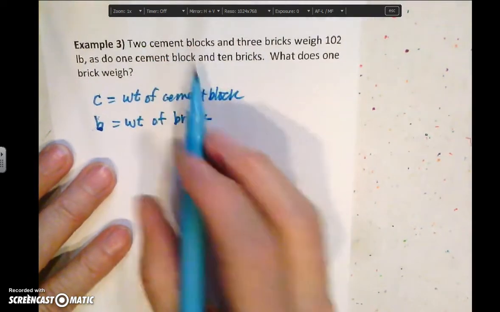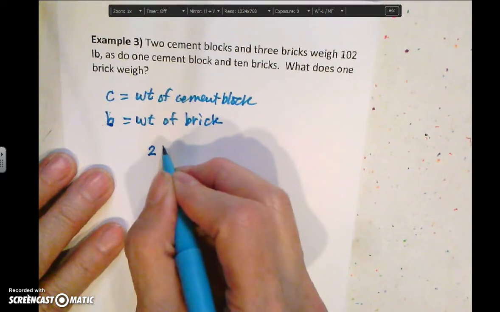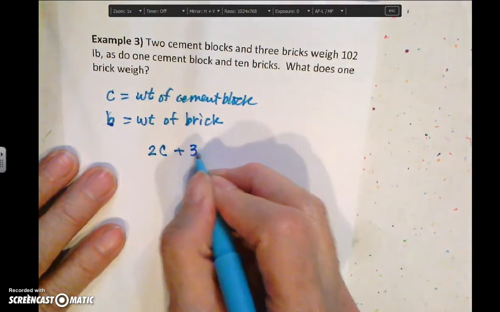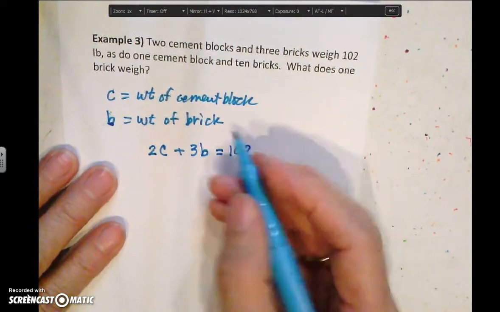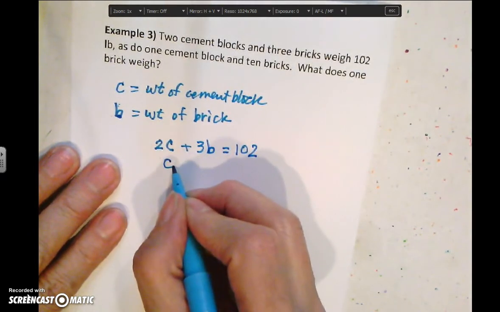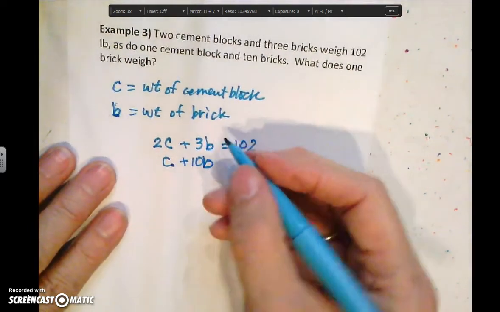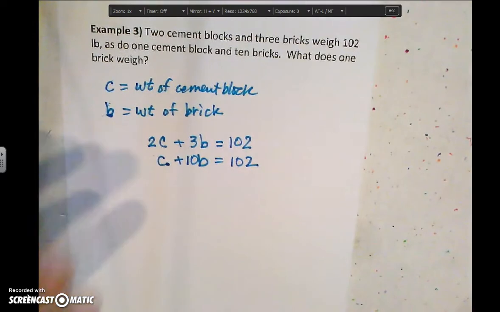So when we write this, we've got 2 cement blocks, so 2 times C, that tells me how much 2 of those weigh, plus 3 bricks, so 3 B's, is equal to 102 pounds. And then we can do 1 cement block, so 1 C, and 10 B's, 10 bricks, is equal to 102 as well.